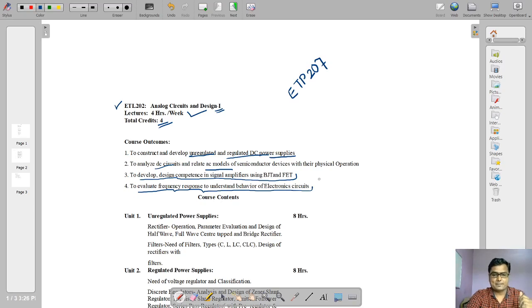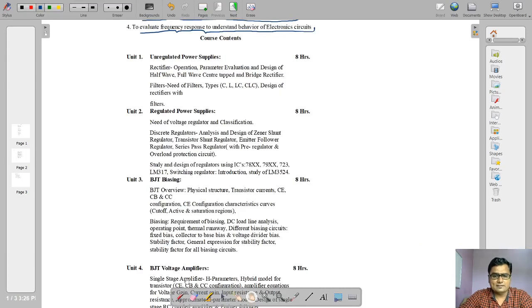Actually, as a first unit, you will face the unregulated power supply. Unregulated power supply means a DC power supply, but which is not regulated. Under this you will study rectifiers as well as filters.